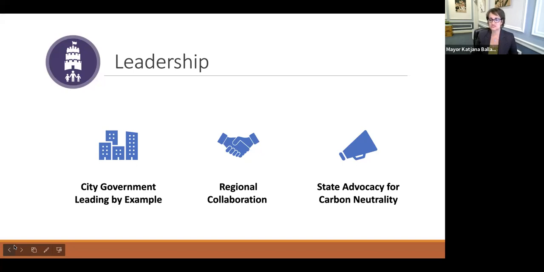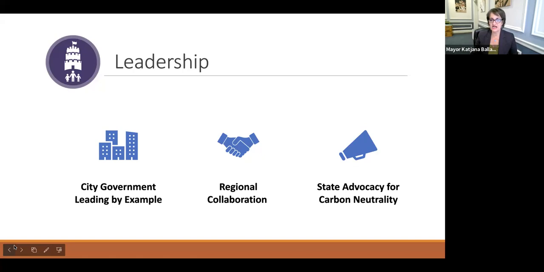The second is regional collaboration, like any joint efforts to address coastal flooding or work I and our staff do through a range of organizations like the Metro Mayors Coalition. And of course, leadership includes advocating for carbon neutrality and climate action at the state level.